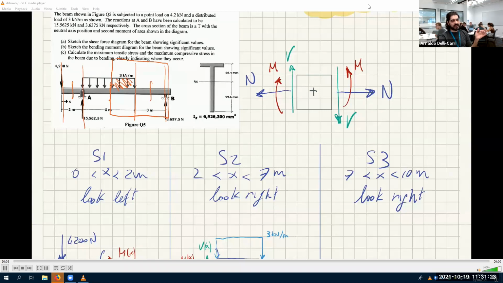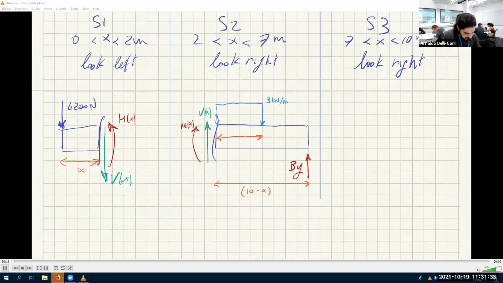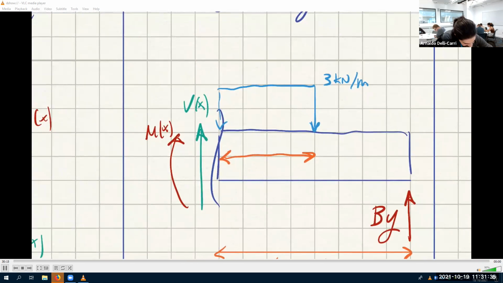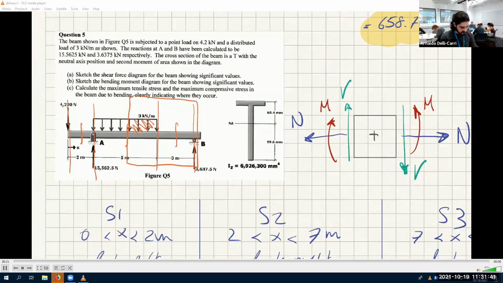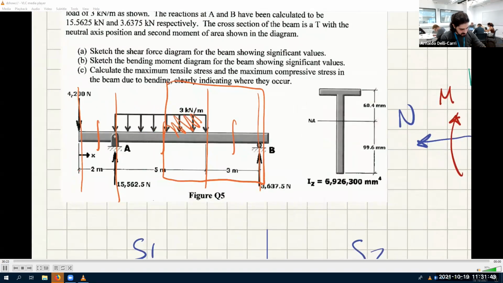Mahmoud, it doesn't matter where you cut, as long as it's in between 2 and 7, it's fine. So Saim says 7 minus x, and I do tend to agree with him. This is 7 meters minus x. This is x. This is what's left. All right, that's it. No way around it.